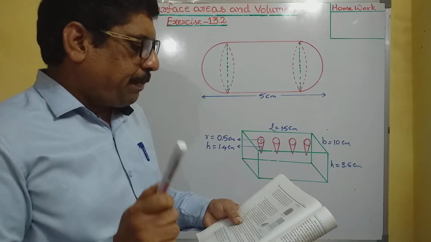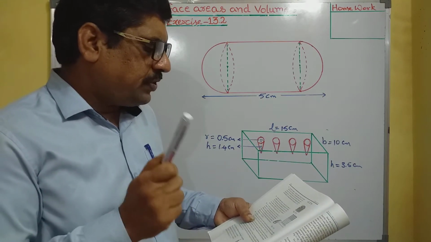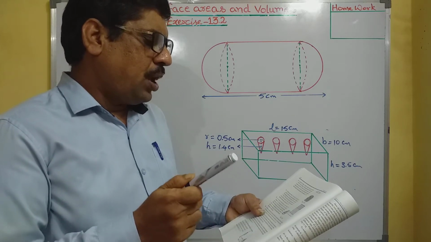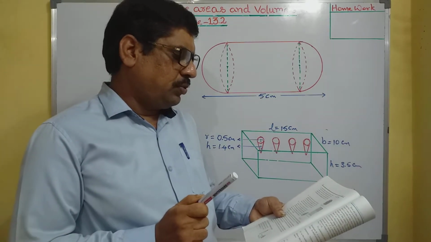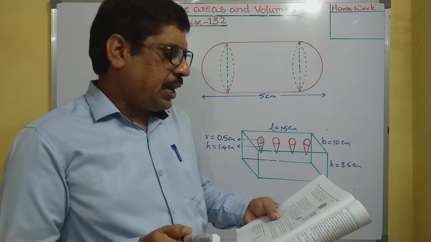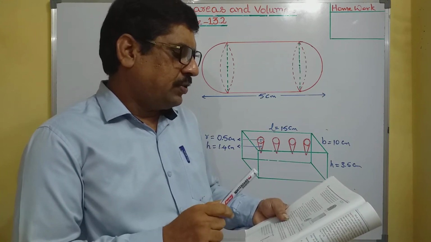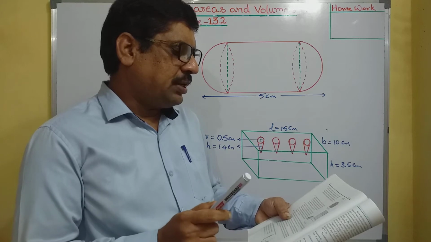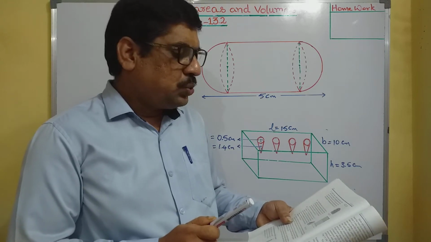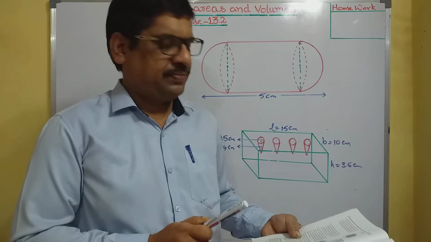Find approximately how much syrup would be found in 45 gulab jamuns, each shaped like a cylinder with two hemispherical ends with length 5 centimeters and diameter 2.8 centimeters.